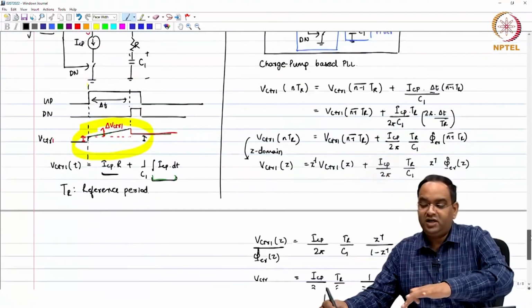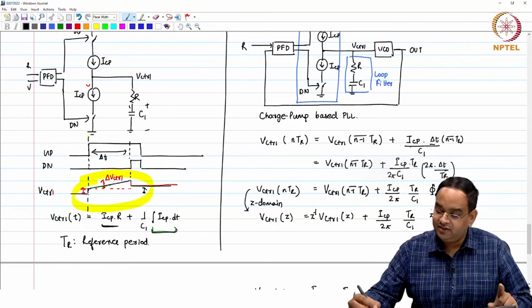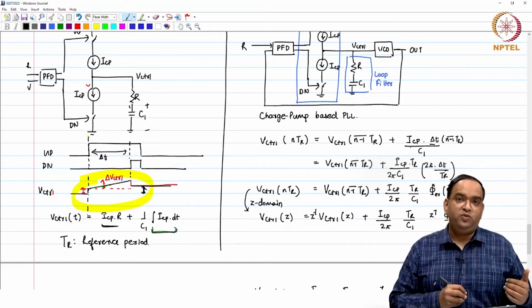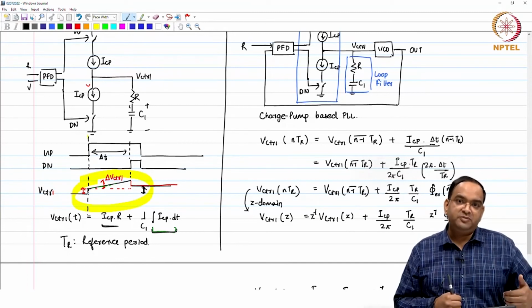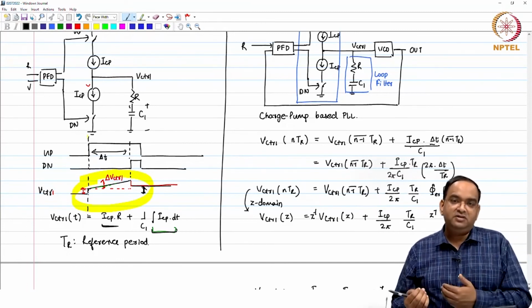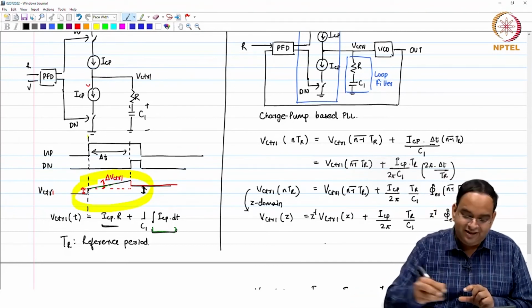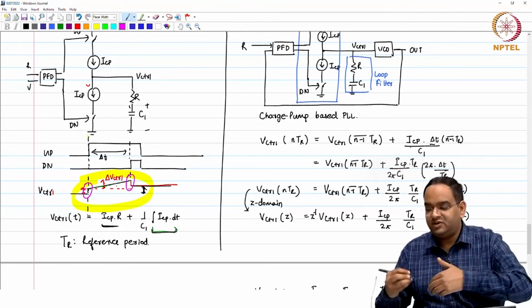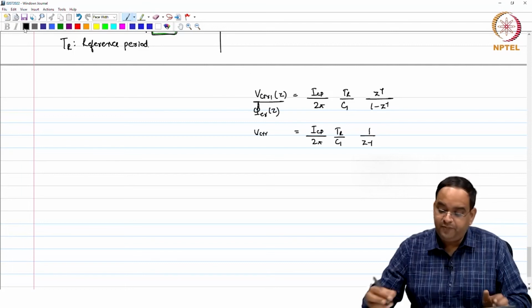In this particular case, I have neglected one thing: when I write this V control, I am only looking at the change from the previous value, that is, between two reference cycles, the value in the previous reference cycle and the value in the current one. This analysis neglects the other part. If you take it into account, it becomes a little cumbersome, so I will neglect that part right now.